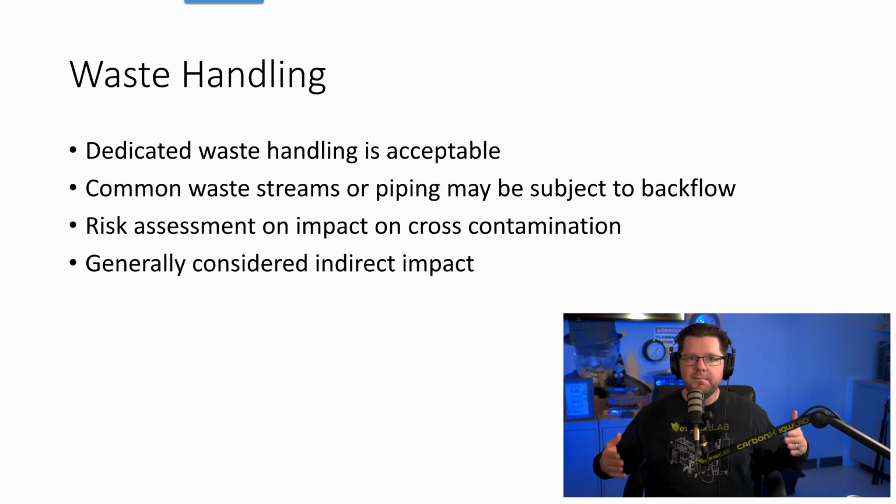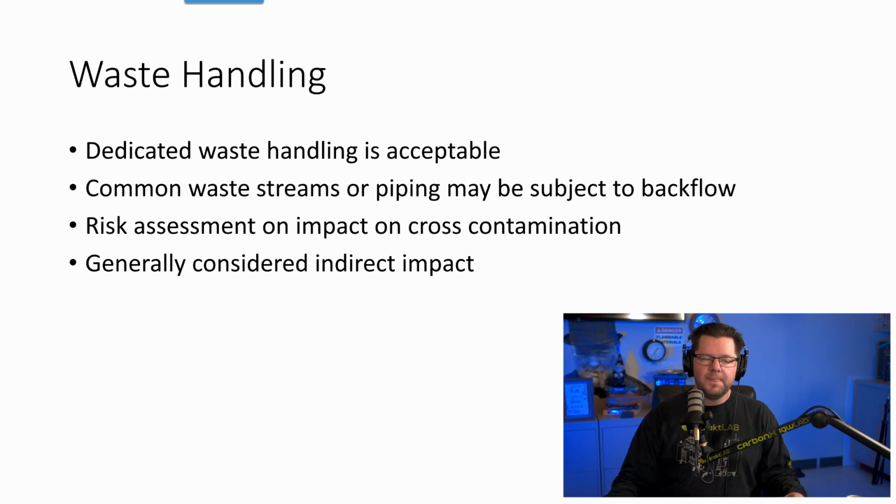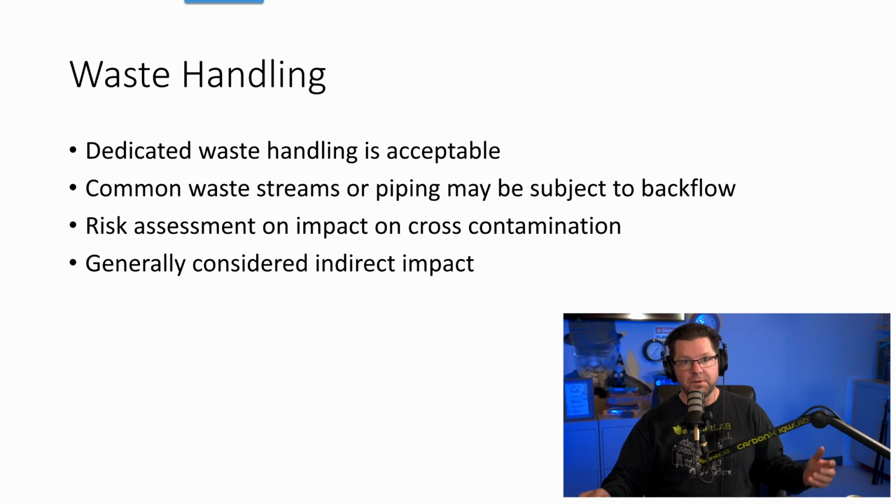Now, if you have common waste streams, if they're all coming together, that's another added level of risk, simply because if there is backflow, even if it's by accident, say something happens and pressure goes up in one area and it pushes the waste from one stream into another stream, well, then you have cross-contamination. You won't even know it.